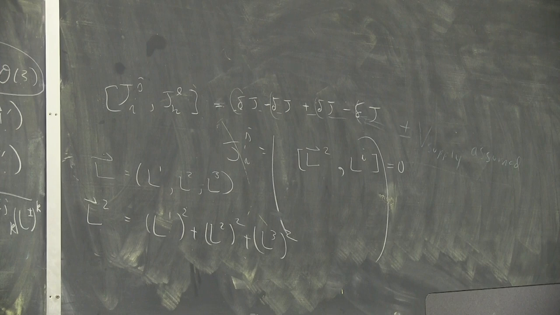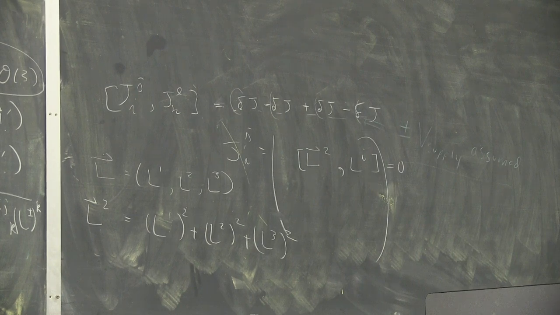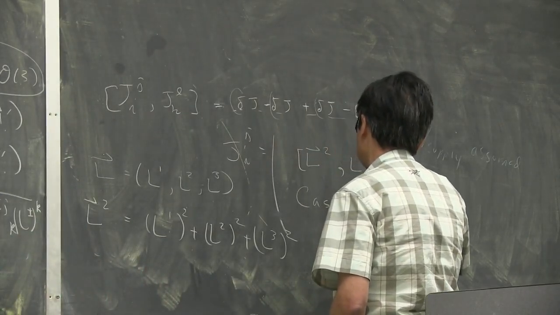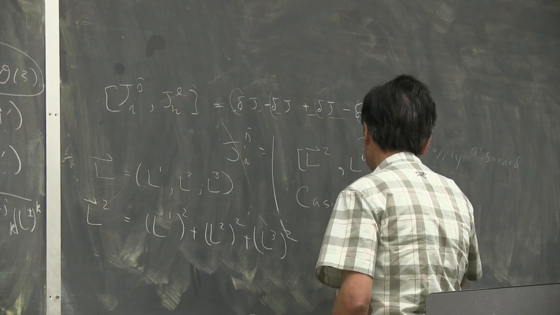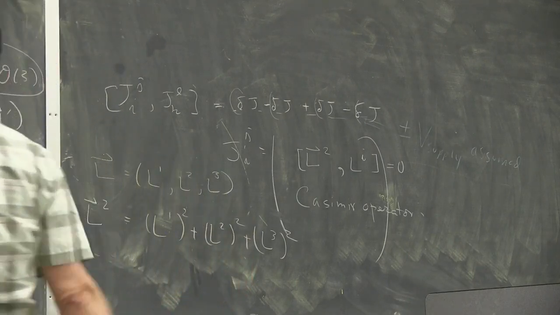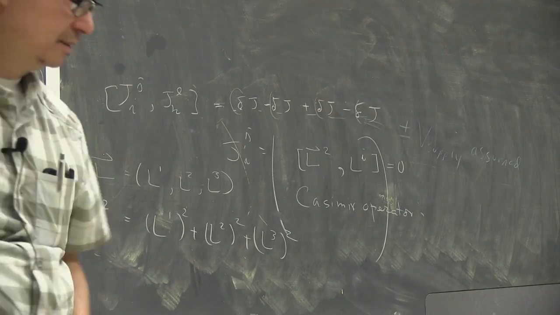Any operator which commutes with all the basis vectors, and so with all the vectors inside a Lie algebra, is what's called a Casimir operator of the Lie algebra. So for the Lie algebra SO3, L squared is a Casimir operator. Now, because I have two copies of the same Lie algebra SO3, I will have a Casimir operator which is a sum of the one corresponding to this and the other one corresponding to the second Lie algebra.